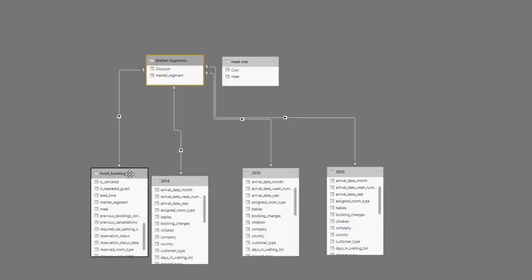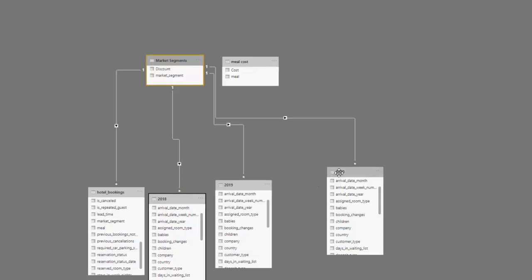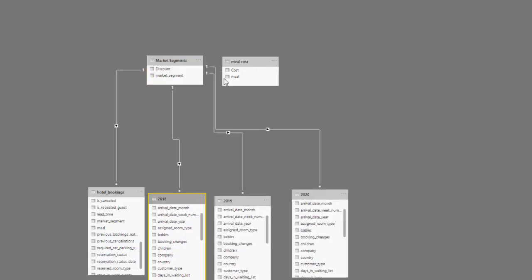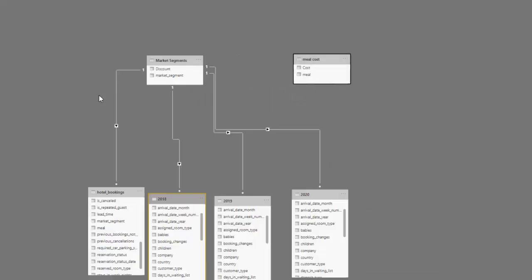If you take a look, we are starting to see a structure here. It looks like a waterfall. And this is a structure we want to have. We want to have our lookup tables or our filter tables at the top and our fact tables at the bottom. So now we can do the same action with our meal cost.